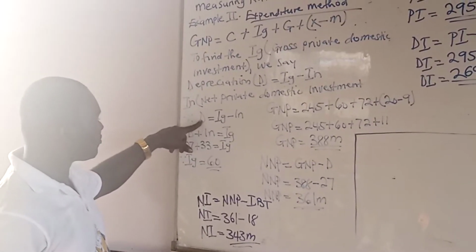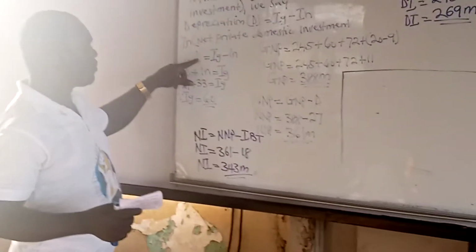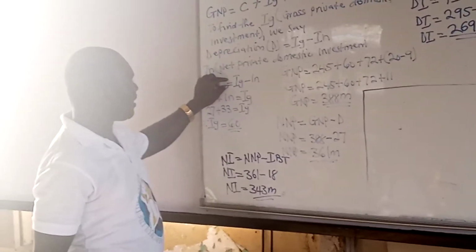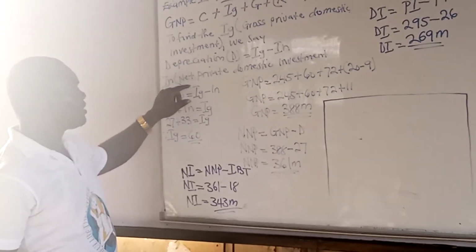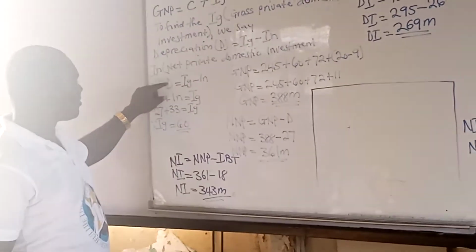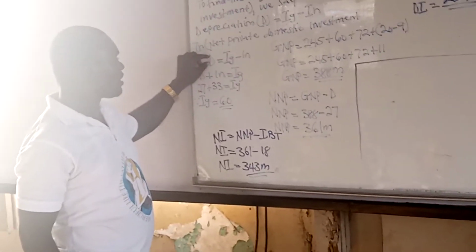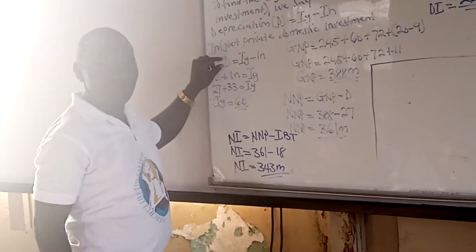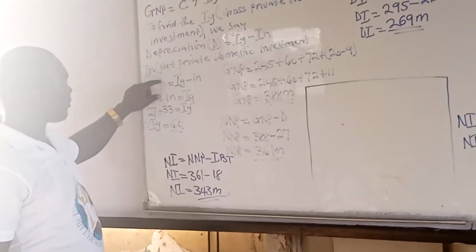DES stands for depreciation, and depreciation has three names. One is CFC, consumption of fixed capital. Another, the depreciation we call it CCA, capital consumption allowance.